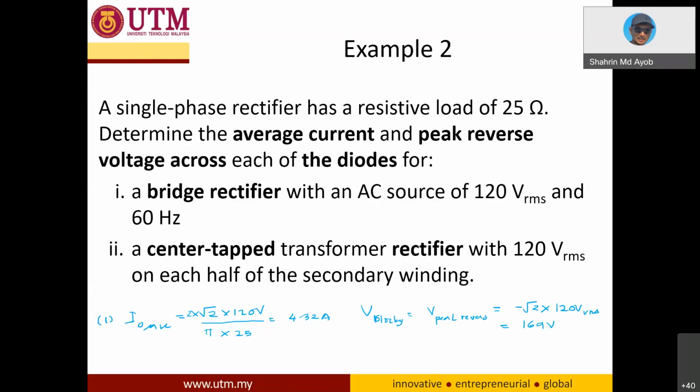Because as an engineer, usually when you are dealing with a project, they always want to cut costs. So to cut the cost, you need to make sure that your circuit is optimized. Meaning that the rating of the components, for example the semiconductors and so on, should at least meet the requirement for the circuit to operate. Meaning that I can just buy whatever is expensive, but the cost will be very high.